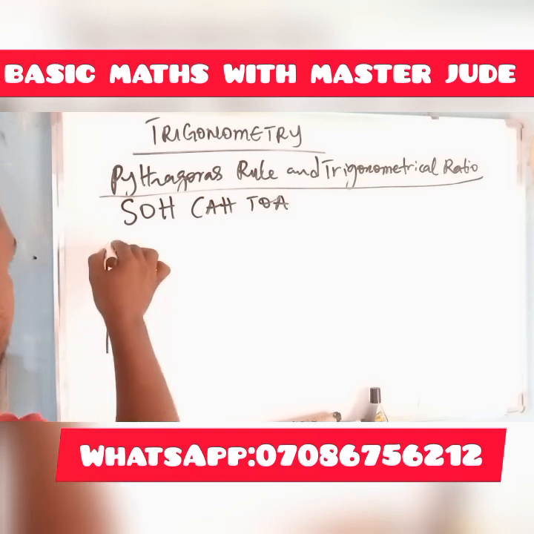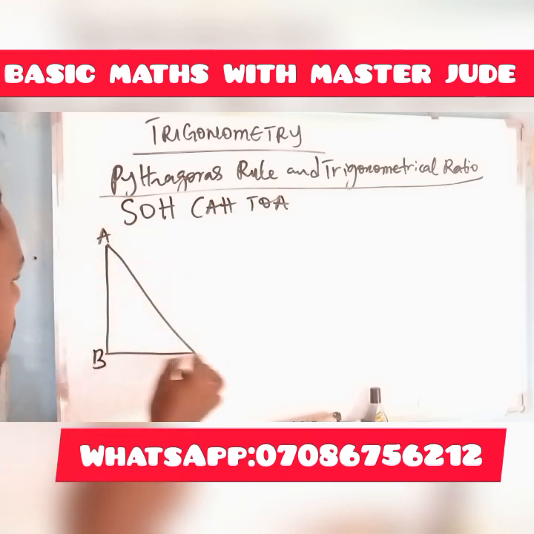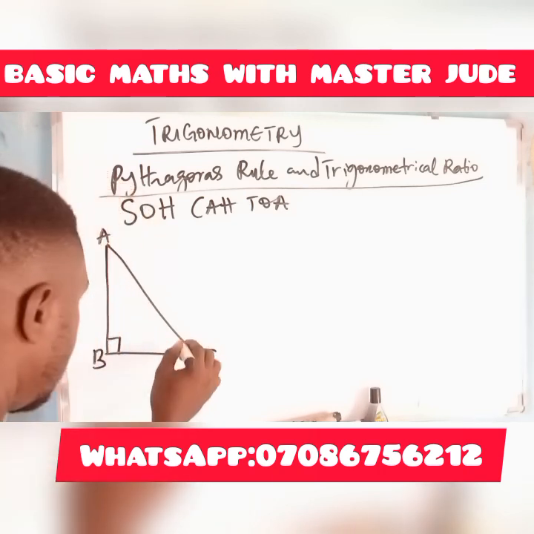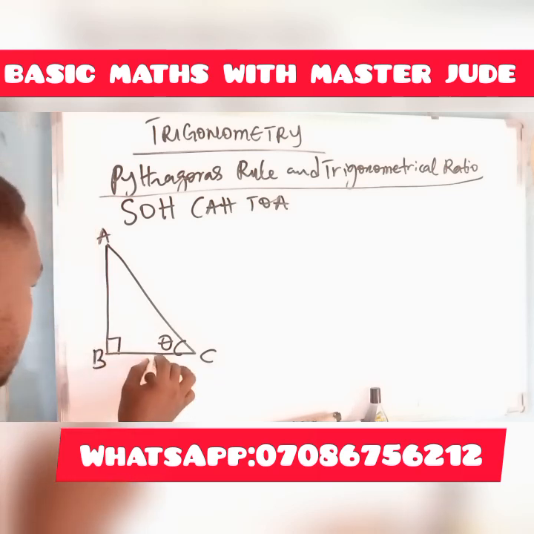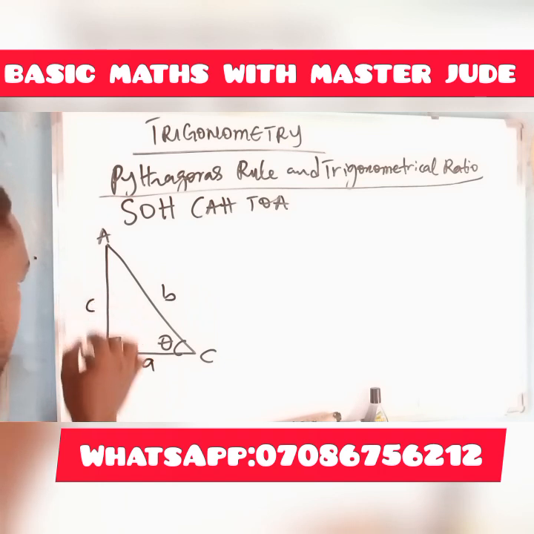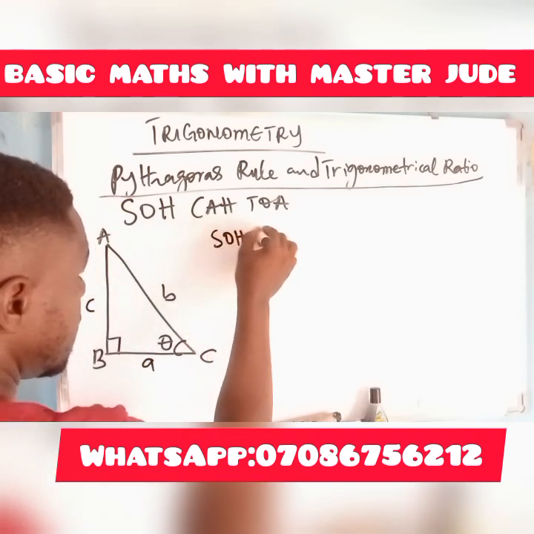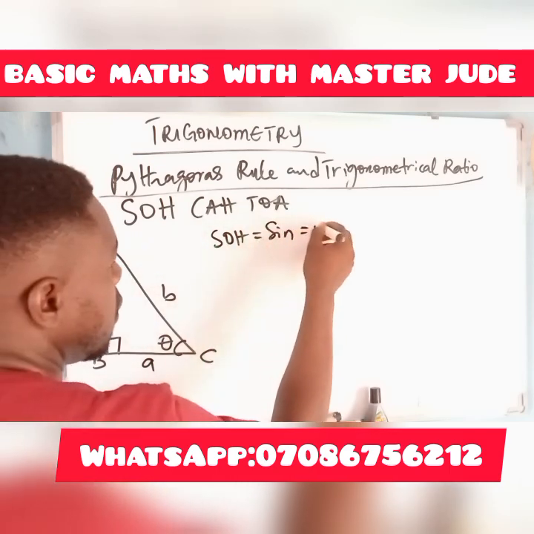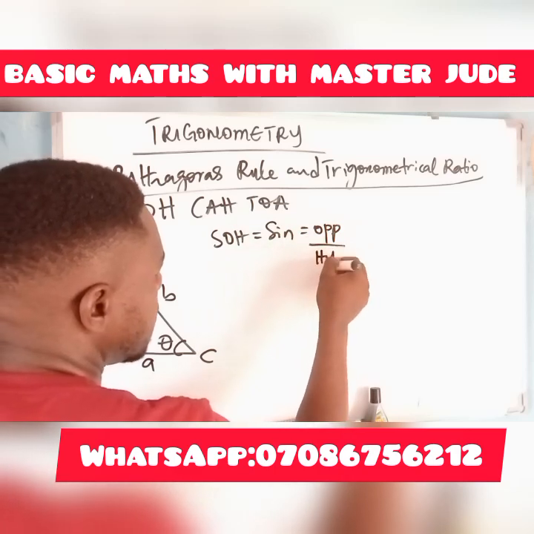Now, given a right angle triangle, we have A, B, C. This is your theta. Let's say we have small letter a here, small letter b here, and small letter c. Now using our SOHCAHTOA, the S stands for sine, while the O is opposite over hypotenuse.